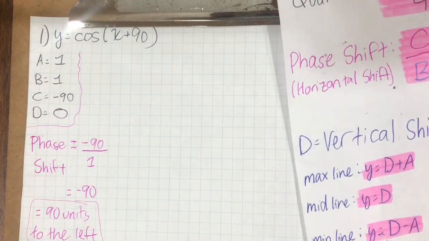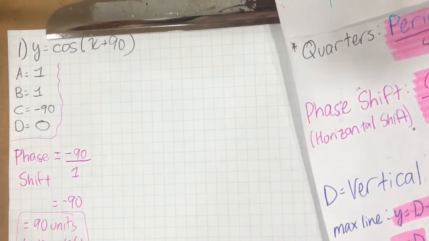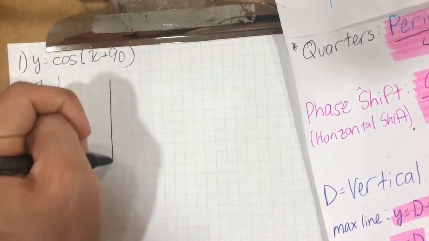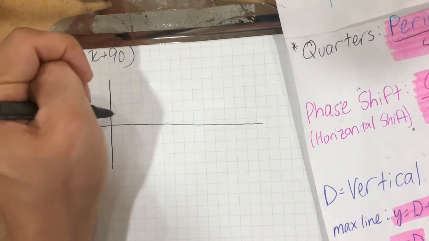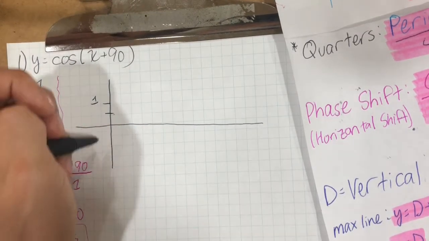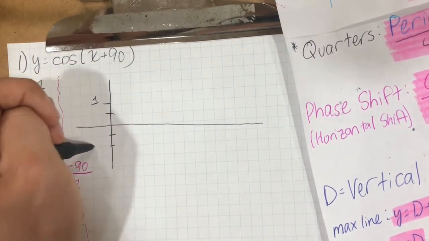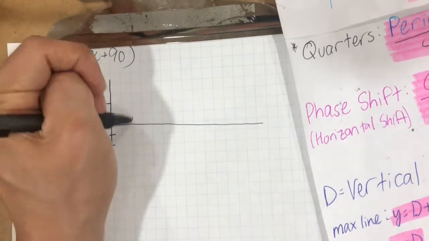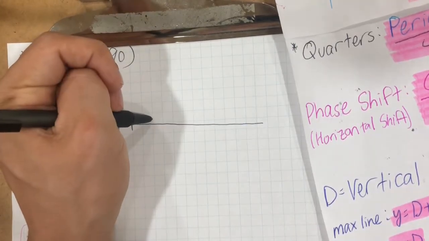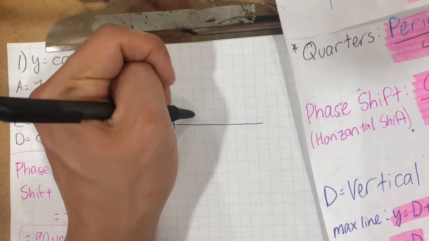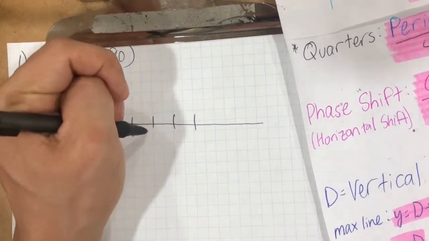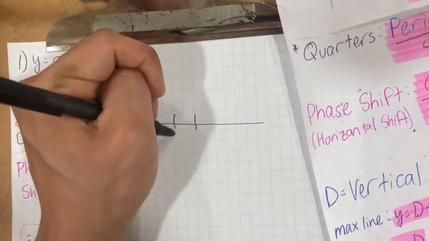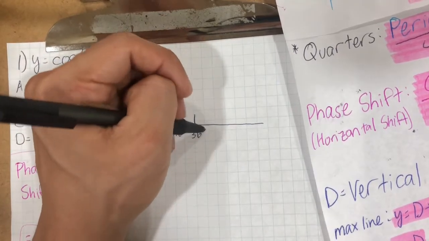So now I'm going to go ahead and graph my function. I have my max number and my min number, and then I have my x values. We're going from 0 to 90, 90 to 180, 180 to 270, 270 to 360.